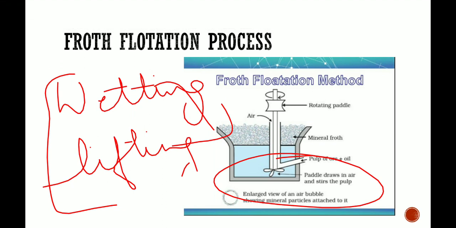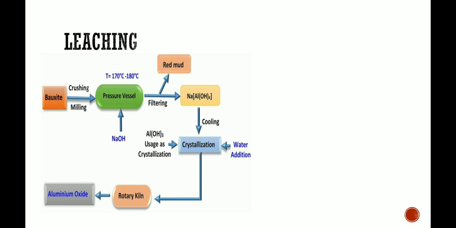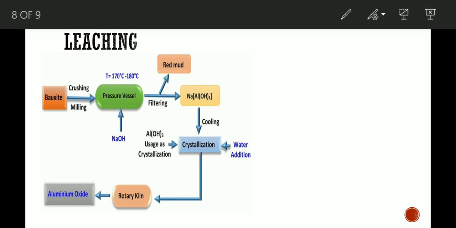Now coming to the leaching method. Leaching is a method of collecting the required metal from an ore in the form of an aqueous solution of its selected compound by treating the ore with acid or base or some other reagents. Here in front of you the example is Bayer's process. You all might have heard about Bayer's process.